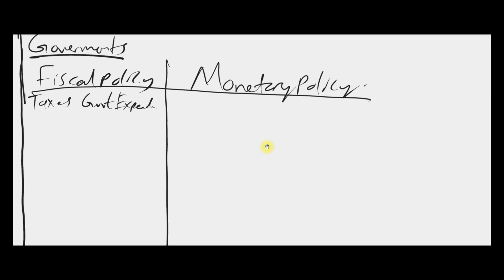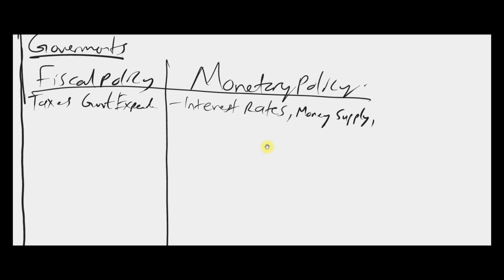When we talk about monetary policy, the main elements are interest rates and money supply, which also falls under here. These two are the most common.